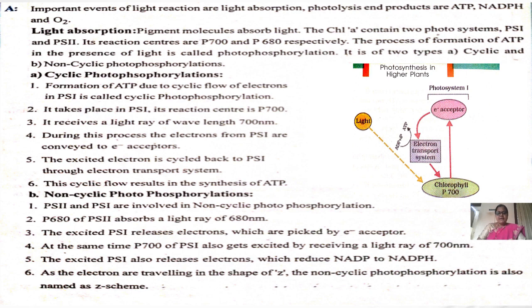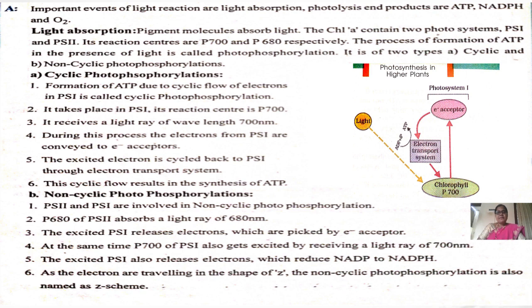In this diagram, the formation of ATP due to cyclic flow of electrons in photosystem 1 is called cyclic photophosphorylation. What is meant by cyclic photophosphorylation?